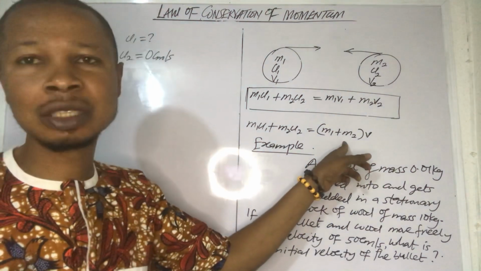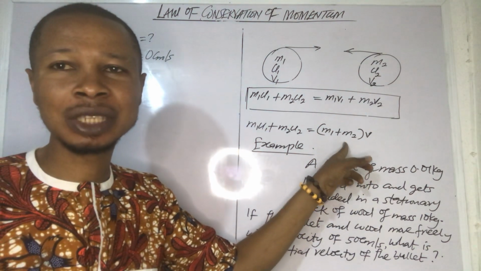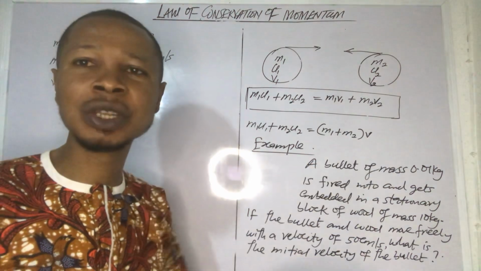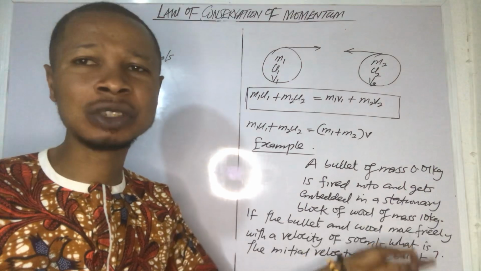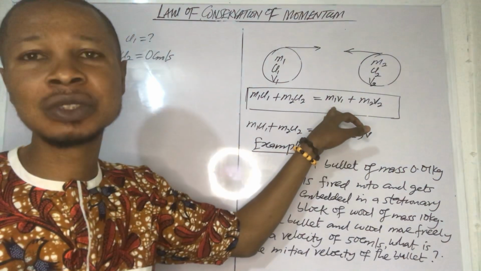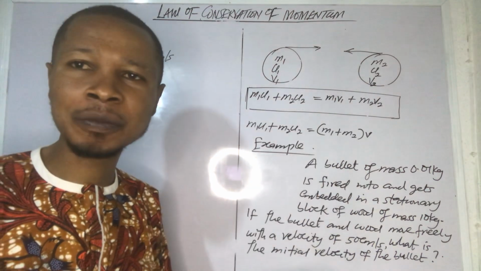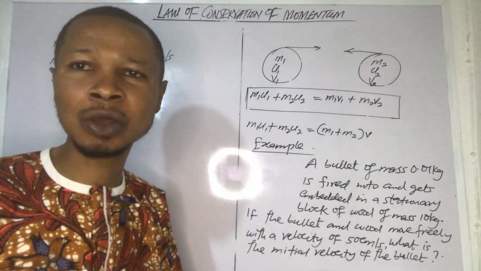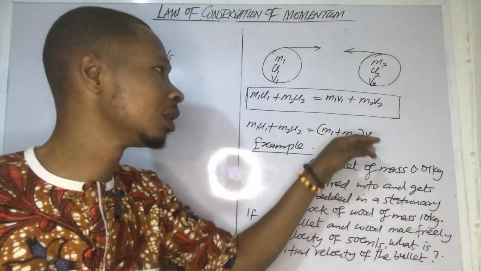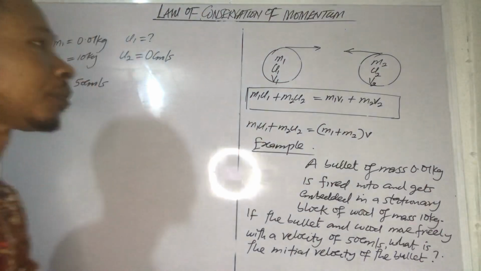This is what we are going to use now, as I was saying in the previous class. So we substitute our values here because the two bodies move freely with the same common velocity. If they did not move with the same common velocity, we would use the other formula.